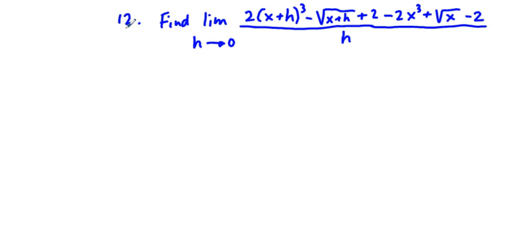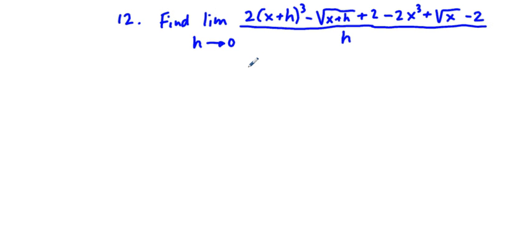Okay, problem 12. Find the limit as h approaches 0 of 2 times quantity x plus h cubed minus square root of quantity x plus h plus 2 minus 2x cubed plus square root of x minus 2. Well, this function is in the form of the definition of derivative.